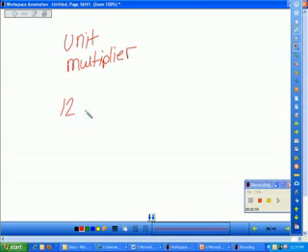So, for example, 12 inches over 1 foot. That's equal to 1. How come? Sure doesn't look anything like a 1 I've ever seen. Lexi, how come that's a 1? Exactly. 12 inches is equal to 1 foot.